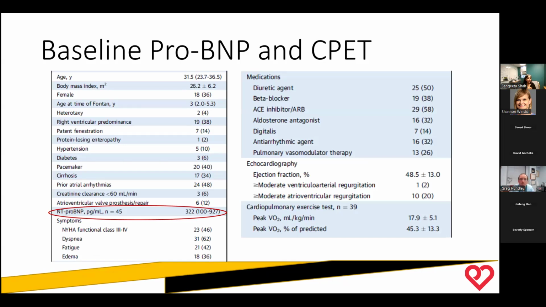So there's a lot of age factors. I just want to highlight a couple of things. Of course, I've circled the proBNP to show you that it's elevated in this population at 322. Average age I've already talked about is 31 in this patient population. What I'll also highlight is a lot of these patients are developing comorbidities: hypertension, diabetes. They often have pacemakers.